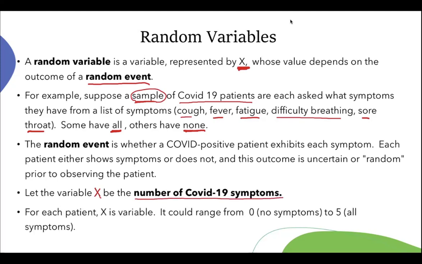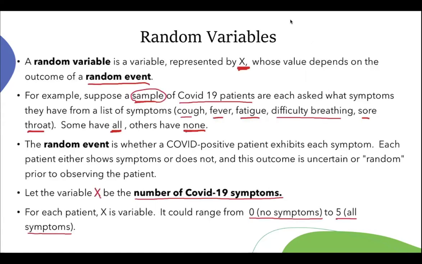Some people in this group have no symptoms, where X would be equal to 0. Some people have all symptoms, in which case X would be equal to 5. So for each person, the value of X changes. It's called a random variable.